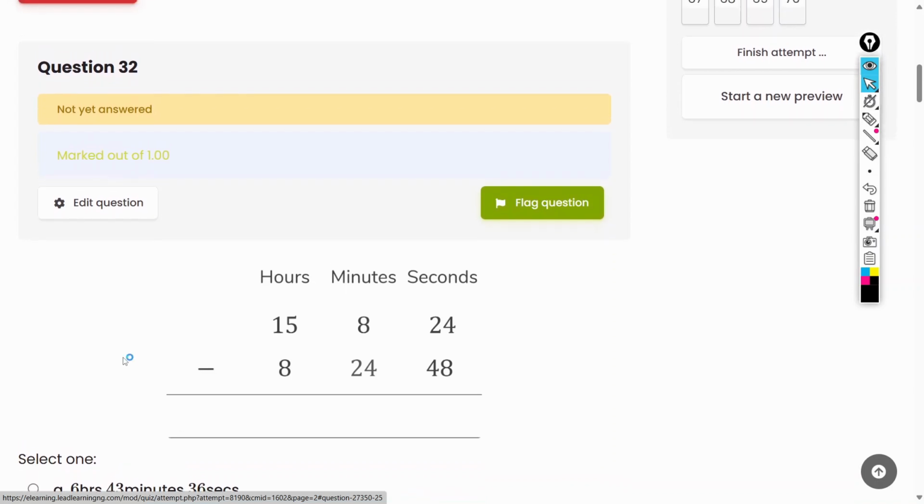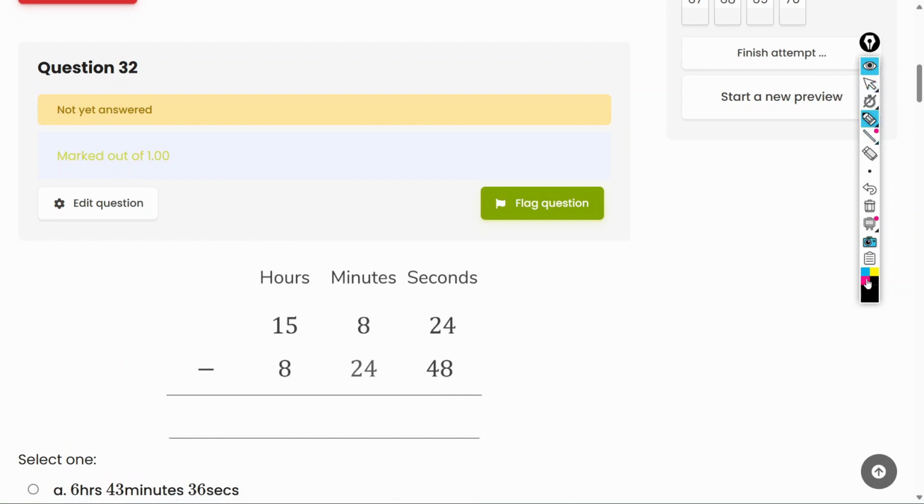Question 32 says we should subtract this. So let us go. So we have our second space, our minute space, with our hour space. So 24 seconds minus 48 seconds. That wouldn't work. So we need to carry over 1. So we borrow 1 from 8. Let me just erase this so that it looks cool.